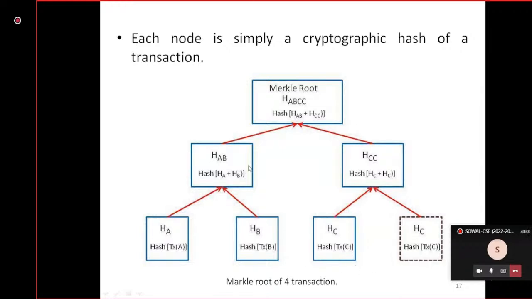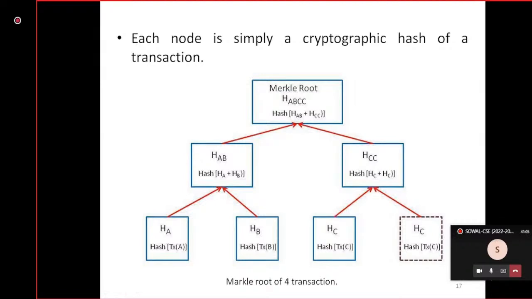At the second level, we compute the hash of the lower level, like hash A and hash B. If the number of transactions is odd, we replicate the remaining hash, since there is no other transaction, and compute the next level of the hash. At the top layer, this is the hash of all the transactions.